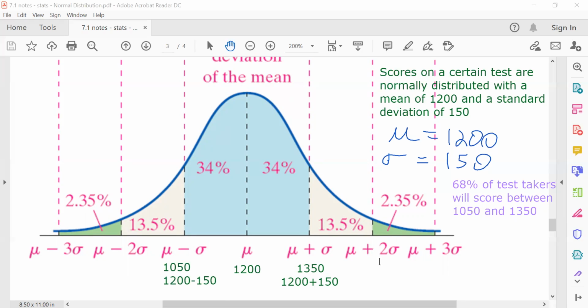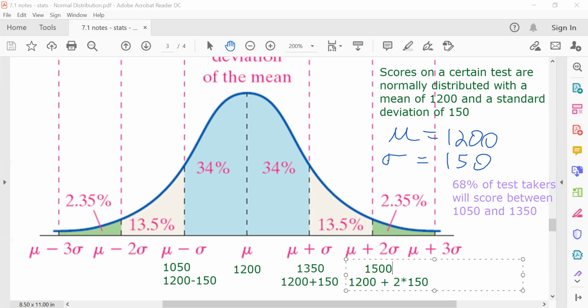Next up, we can go 2 standard deviations above the mean. So we can do 1200 plus twice the standard deviation. That's going to be the calculation there. 2 times 150, according to order of operations, you got to do that first.